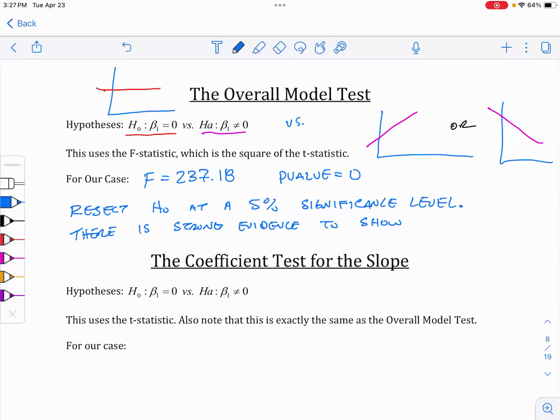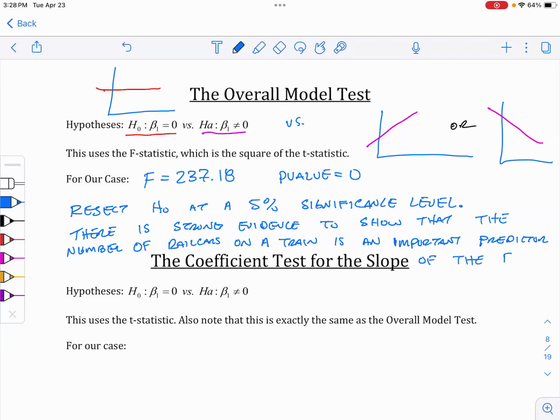So there is strong evidence to show that the number of rail cars on a train is an important predictor of the fuel consumption of a train.